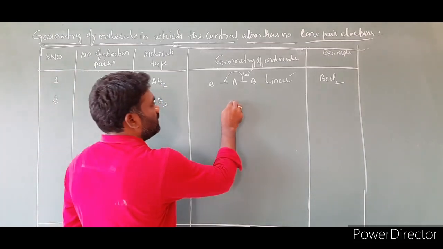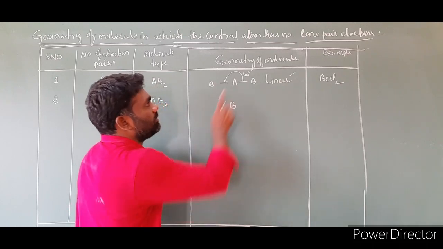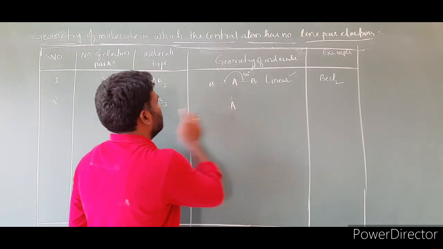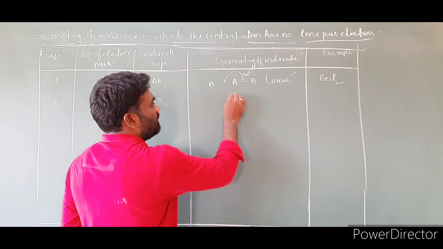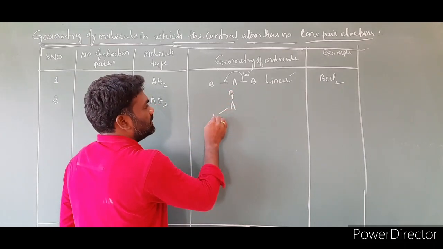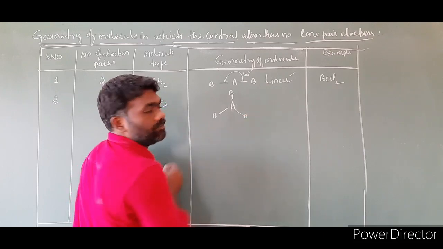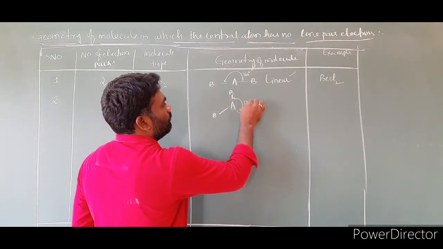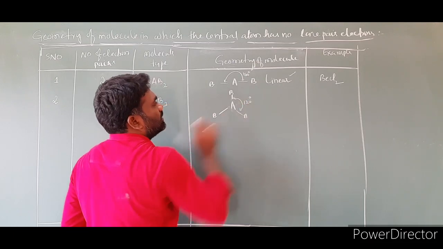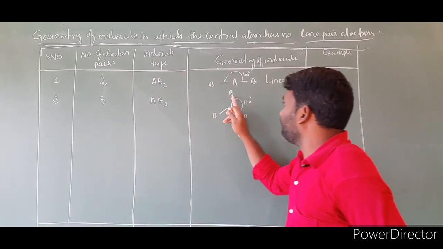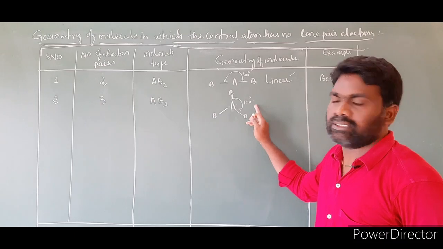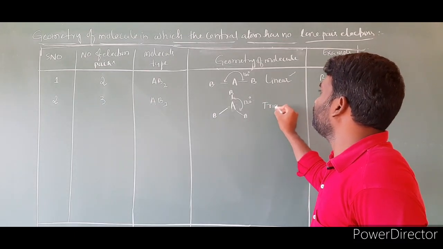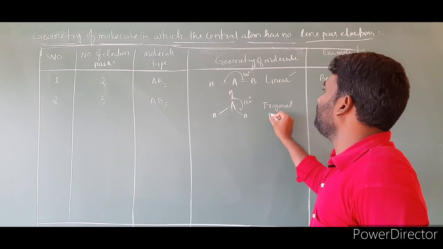The geometrical arrangement of the molecule is: A at the center and 3 B atoms, the first B, the second B and the third B. The angle between any two B's in this molecule is 120 degrees. The shape of the molecule expected is trigonal planar.